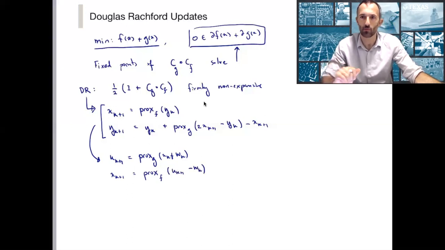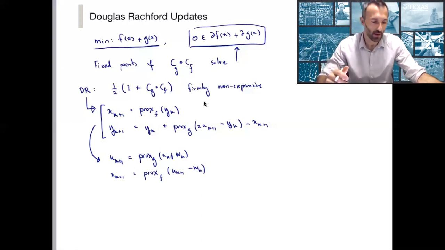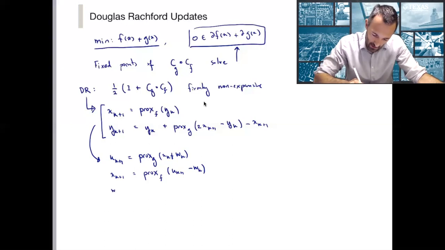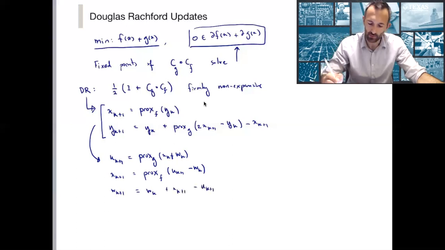Again, this is just from the previous lecture. I'm writing it here so we can see it again. And w^{k+1} is equal to w^k plus x^{k+1} minus u^{k+1}.